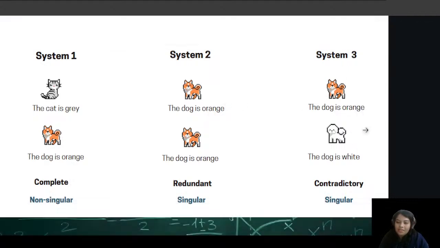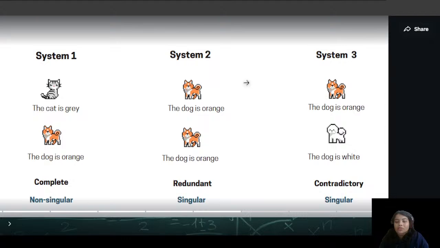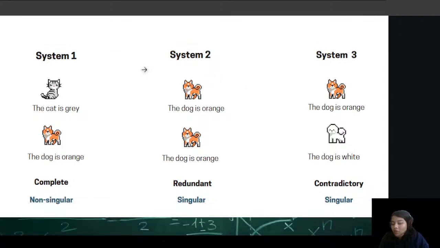And in system 3, the dog is orange and the dog is white. So what are these systems telling us? Our goal is to find the most informative system, which can give us an idea whether the system is singular or non-singular.